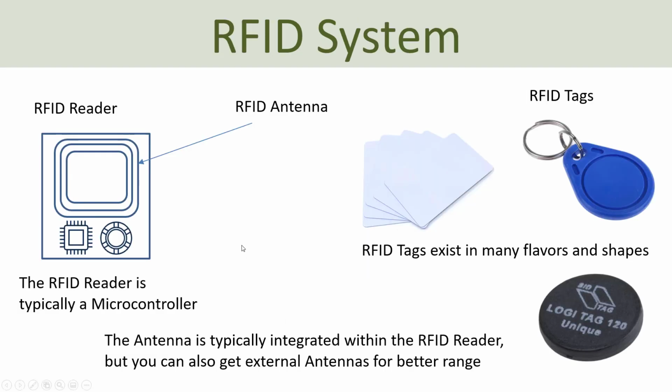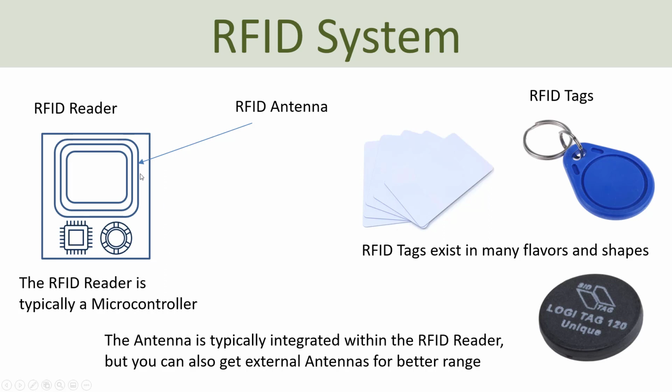Here you see a short overview of the components that are part of an RFID system. You have the tags. They come in many different flavors, like cards and different types of items, and they have a built-in RFID system that communicates with an RFID reader.